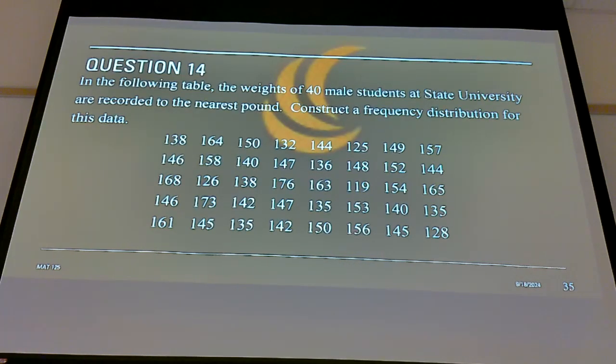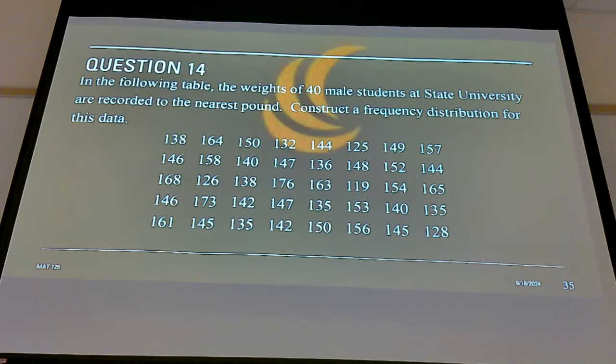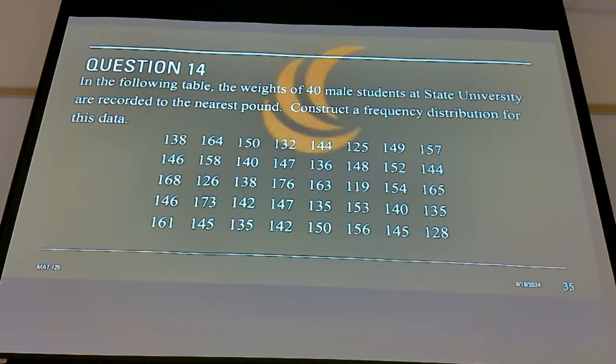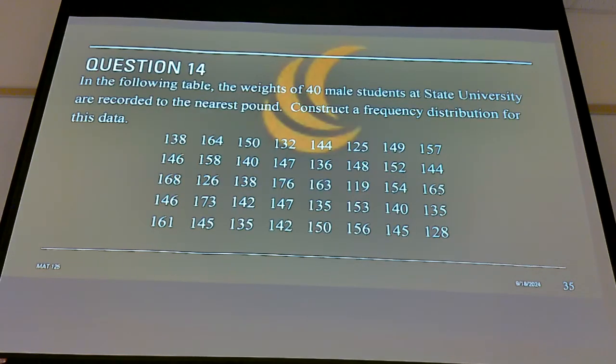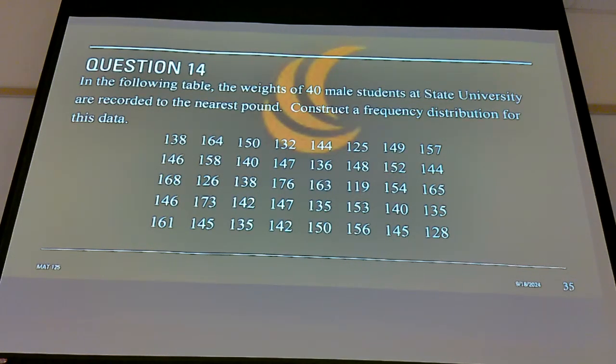What you want to do is take your smallest data point and subtract that from your largest data point plus 1. In this case, plus 1 because they're whole numbers. Divide that by how many classes you want.